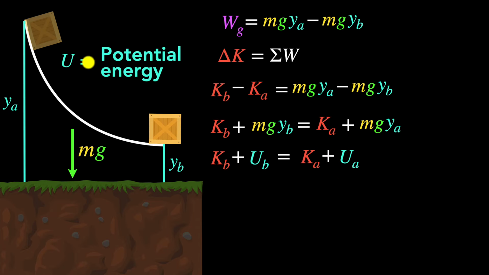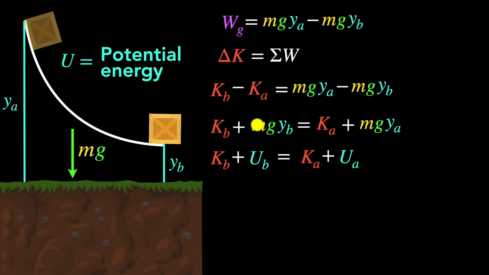Okay, but what exactly is this potential energy? Think of it this way. Kinetic energy is a number that we assign to an object due to its speed. It depends on its speed, right? Half mv squared. Potential energy is a number that we assign not to a single object, but to a system of particles, a system of objects. Like in this particular case, the system of box and Earth.